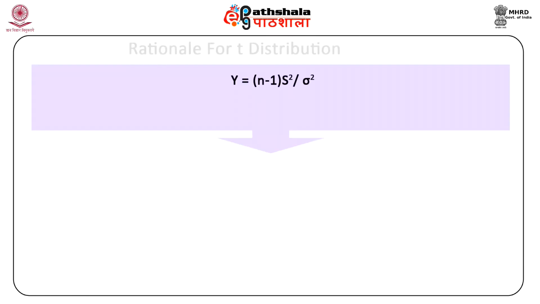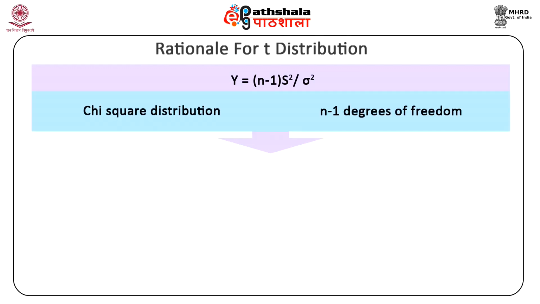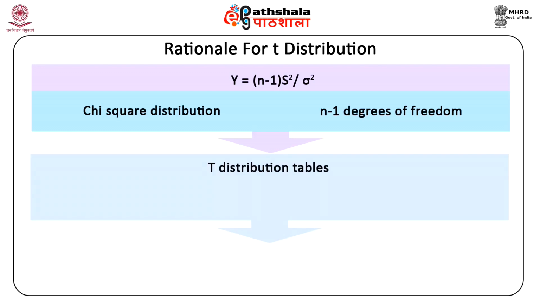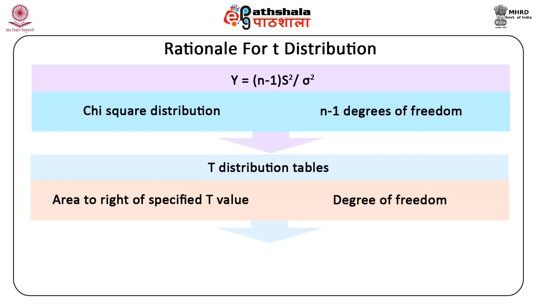Y is equal to n minus 1 times s square upon sigma square, which has a chi-square distribution with n minus 1 degrees of freedom, and x prime and s square are independent. T distribution tables give the area to the right of the specified t value and degree of freedom.